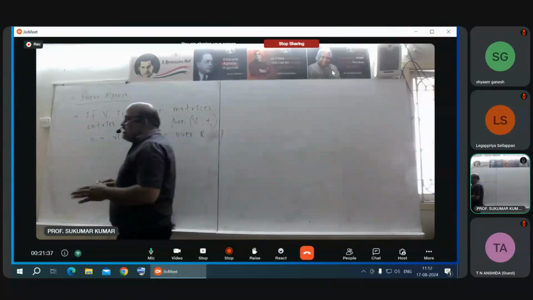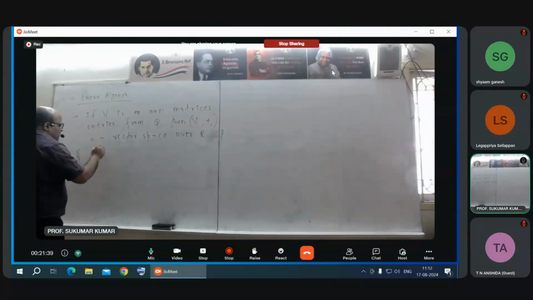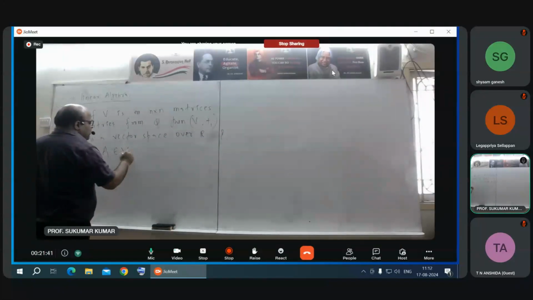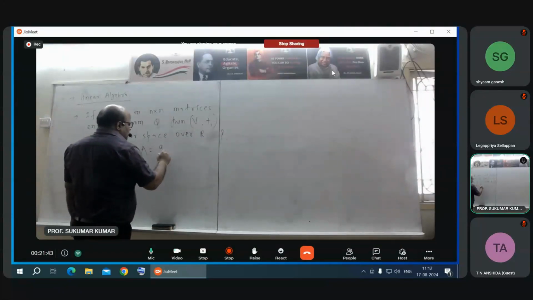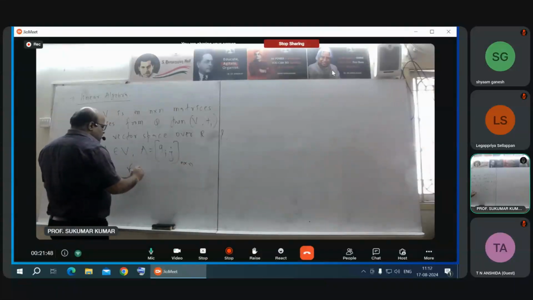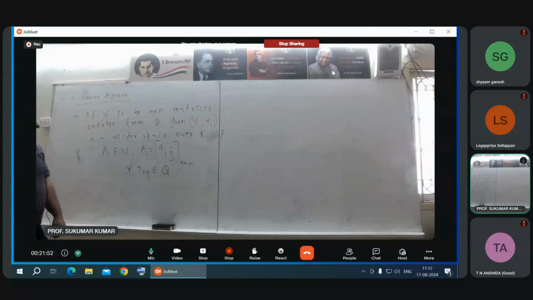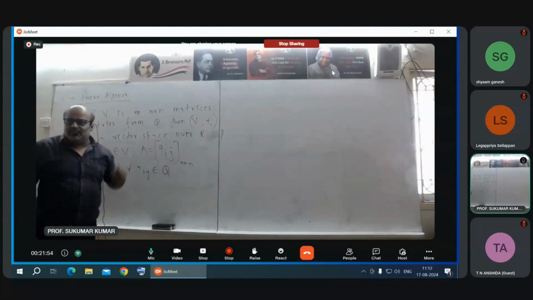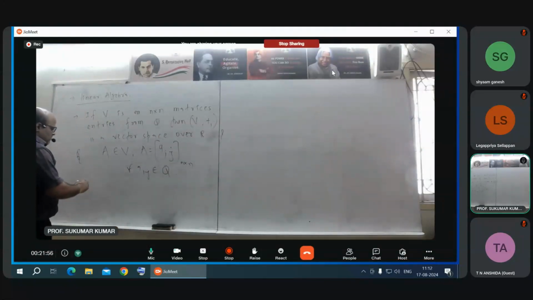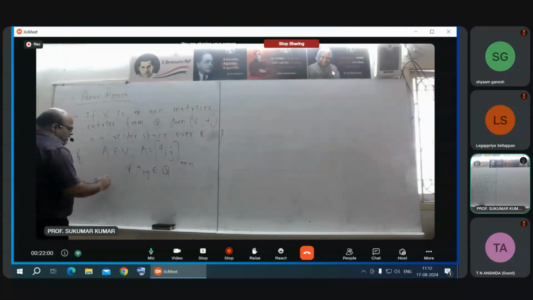Here our entries are rational. A belongs to V means whatever entries are there, all Aij are rational numbers. And we have to prove whether over the field R this is a vector space or not. So directly we see the second property: does alpha A belong to V?